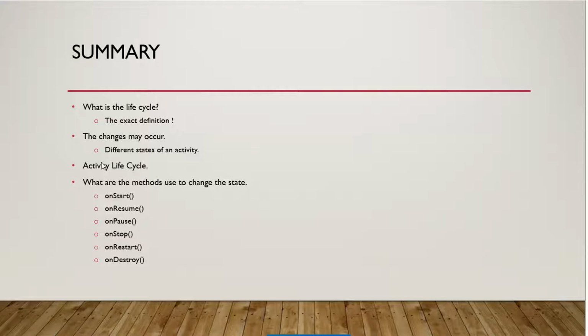After that, we went through the activity life cycle and saw the scenario of which method is called after which. At the end, we discussed in detail all the methods: onStart, onResume, onPause, onStop, onRestart and onDestroy. Then we made the application, tested it, and saw that all these methods are running.